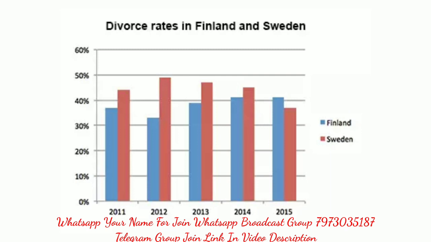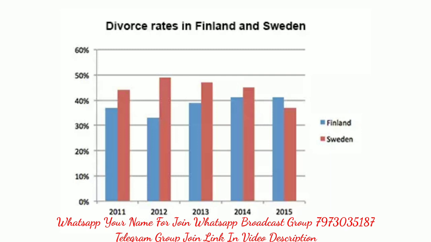Similarly, you can also prepare such ideas while writing Task 1. Never run behind mentioning all the details. Rather, go for the interesting details. Try to pick up the good things and good detailing. Another interesting factor in the same bar graph is that in every year except one, Sweden had a higher divorce rate than Finland.